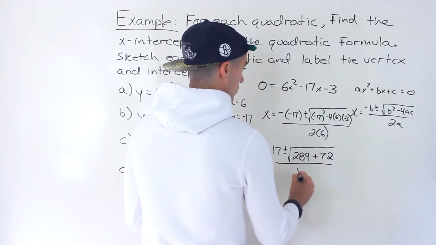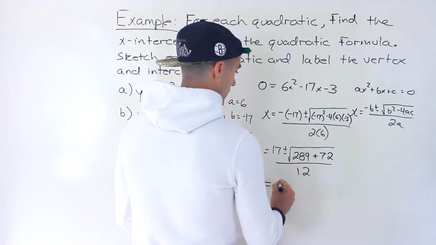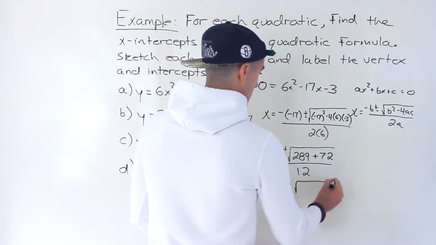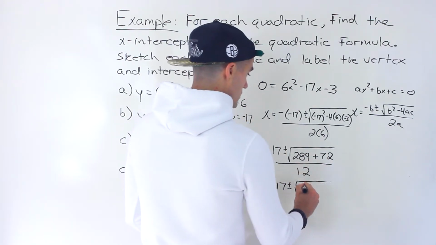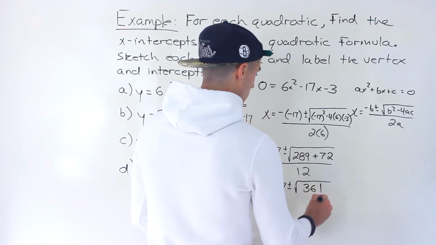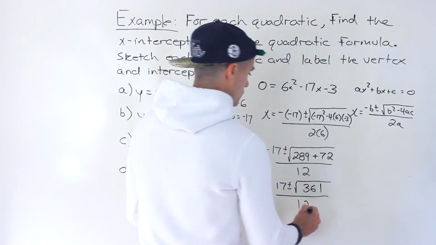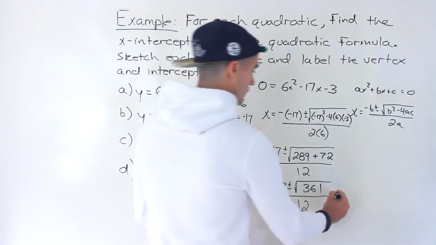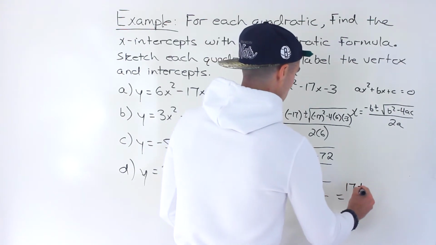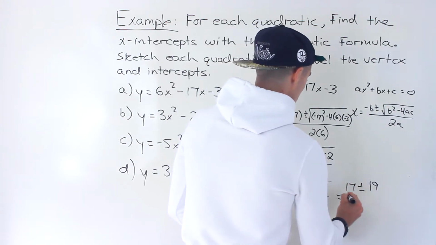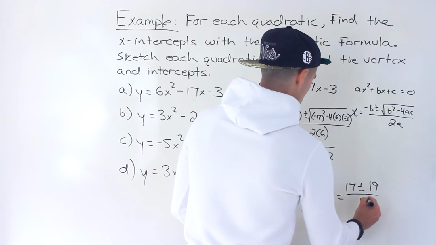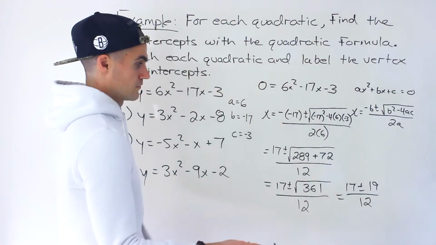And that's going to be all over 12. So then we have 17 plus or minus. Over here, this would give us 361. That's going to be over 12. And then the square root of 361 would be 19. And that's going to be over 12, like that.